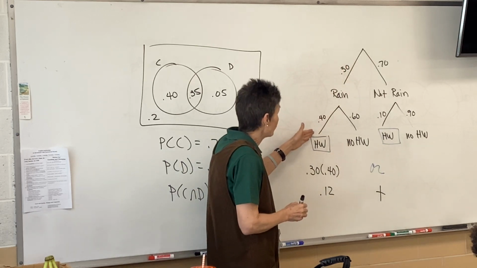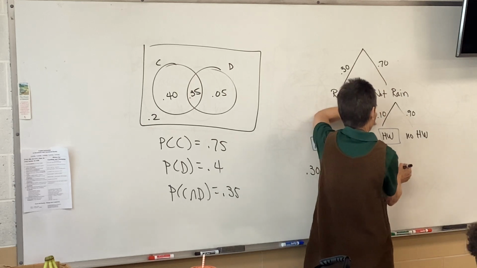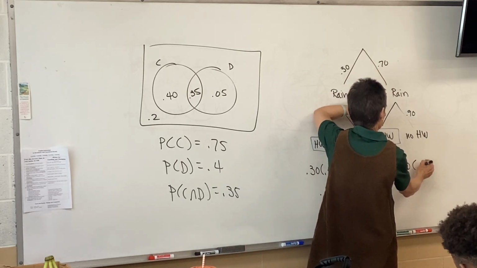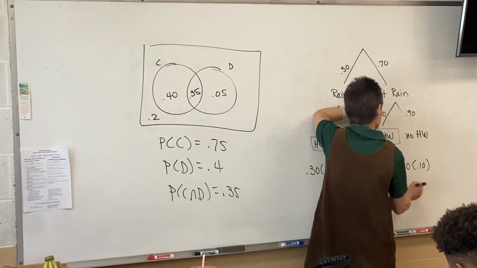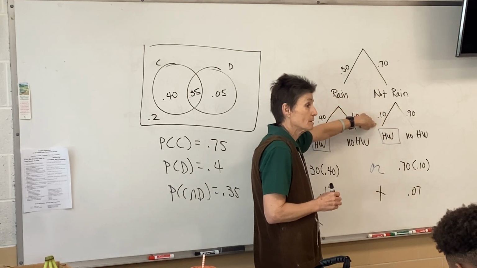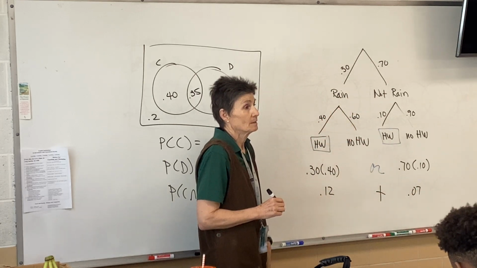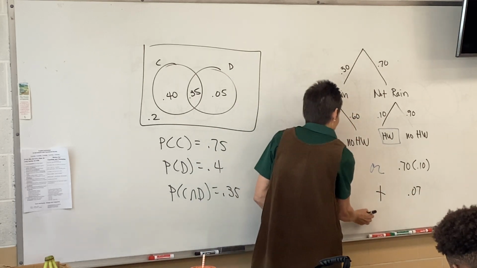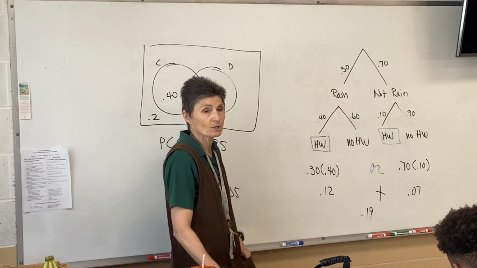Now this one is not rain and homework, so that's gonna be 0.70 times 0.10, or 0.07. What is the answer to the question then? 0.19. So there's a 19% chance this kid's gonna do his homework.